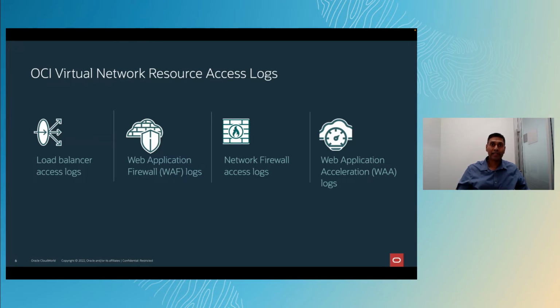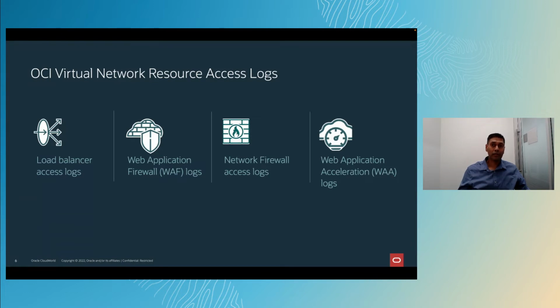A lot of the time, the access log information is not just restricted to the standard layer 3 and layer 4 information, but can also include layer 7 data. For example, what is the URL that is being accessed? What is the TLS protocol version that is being used? What does the certificate look like? So you can get all this from the access logs. So the load balancer has access logs.